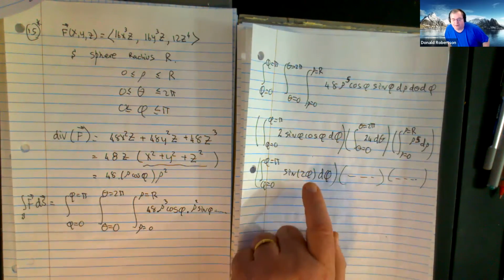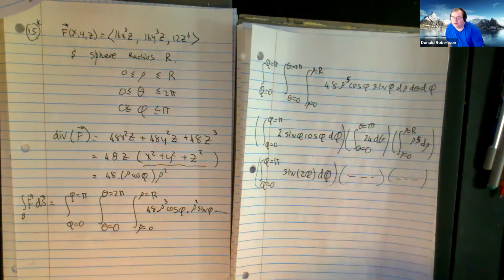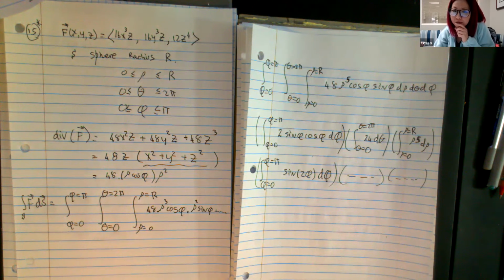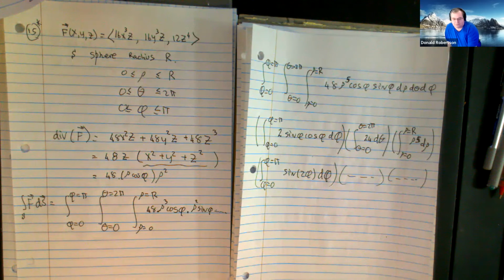I missed one. What's the integral of this guy? Is it 1/2 negative cos? No. Don't even worry about that. You're doing more than you need. You're making it harder than it is.